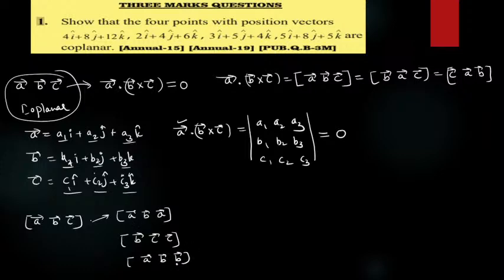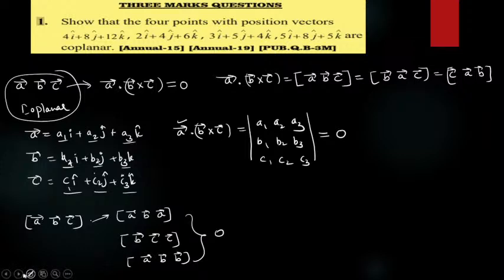If any 2 vectors are repeated, then definitely those values are always equal to 0. This is also one property, you remember this. So if you know these things, easily you can work out the 3 marks questions. Definitely.